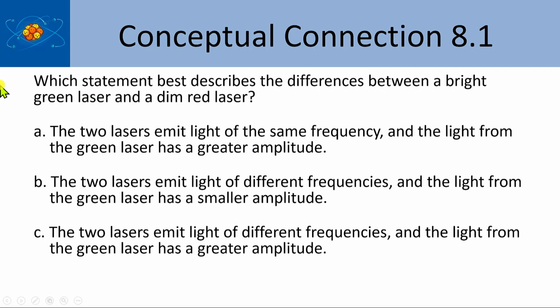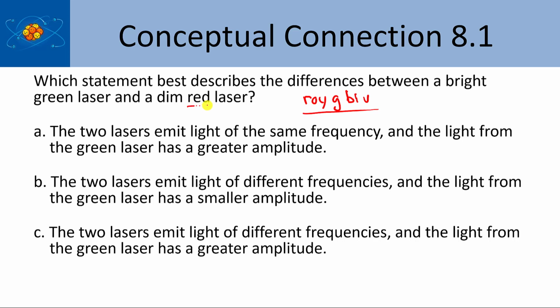So let's do which is the best, right? Which statement best describes the difference between a bright green laser and a dim red laser? And take a second to look at these statements. And you might want to pause, and then I'll go through and explain each statement. Okay, so I wrote Roy G. Biv up here, right?